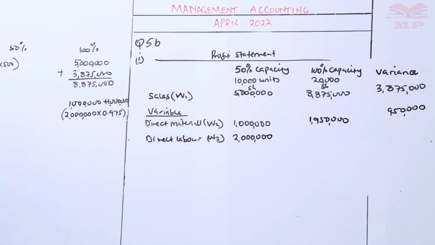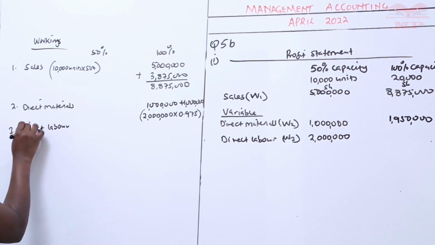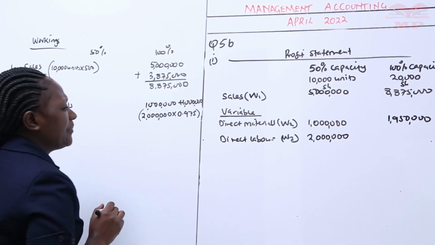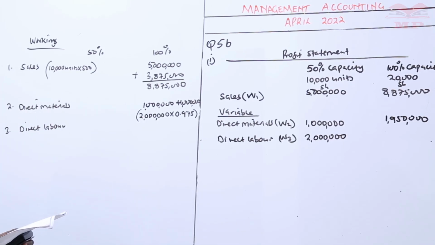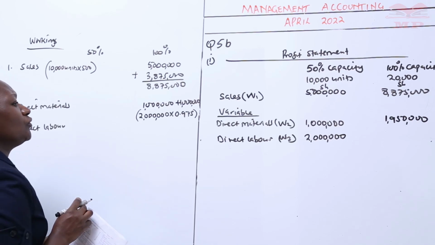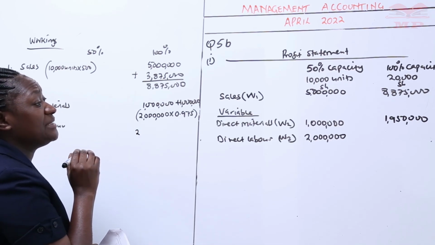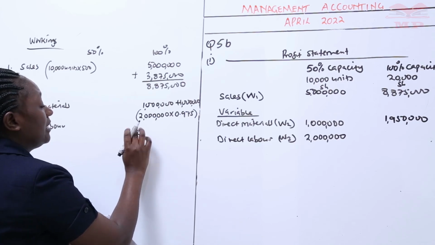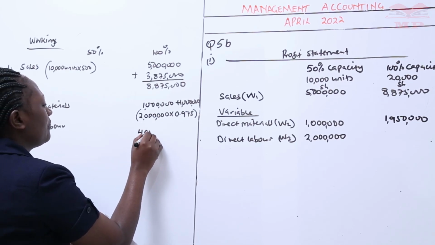But we need to calculate at 100% capacity, so we have double that. If 2 million represents 10,000 units, then 2 million times 2 will represent the 100% capacity, which will be 4 million.